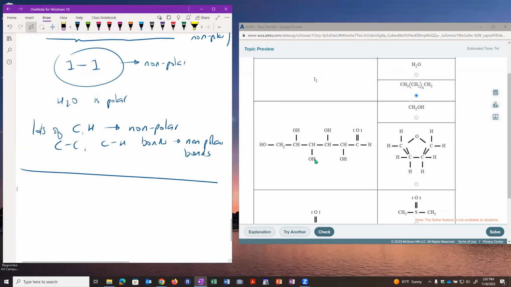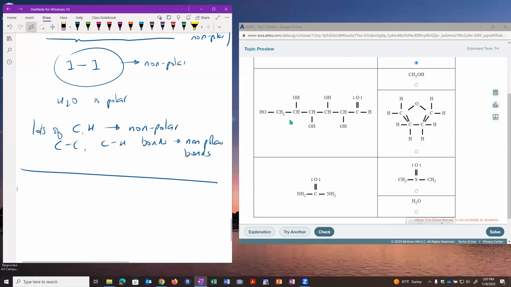So in the second one here, if you look at the structure, you'll see, yes, there's a bunch of C's and H's, but you also have these OH's, all right? And whenever you see OH's, those are very polar bonds. If you have lots of them, that will lead to the molecule being polar as well.